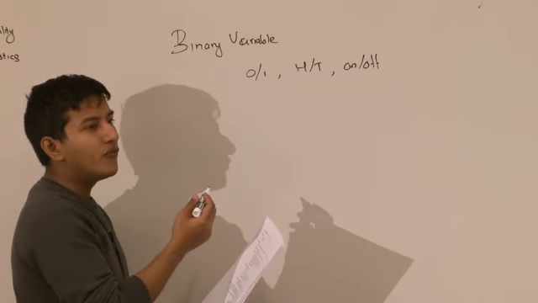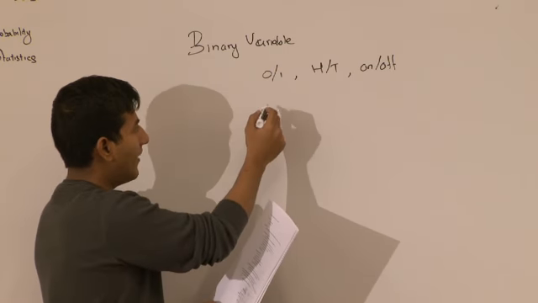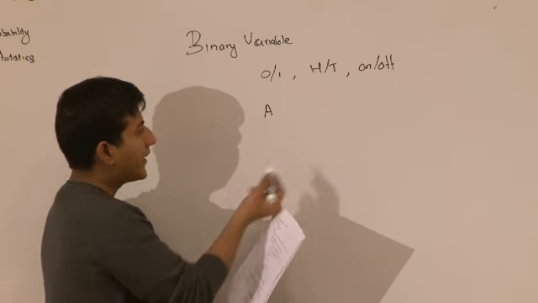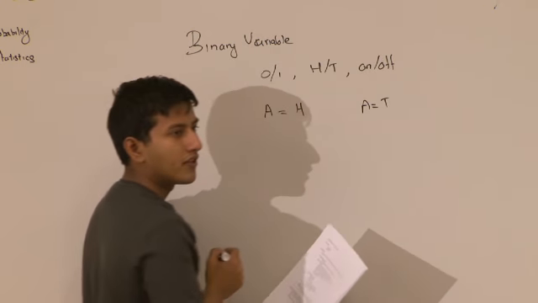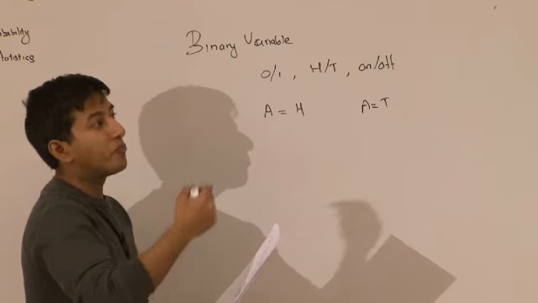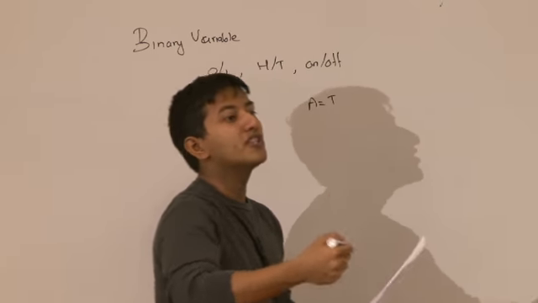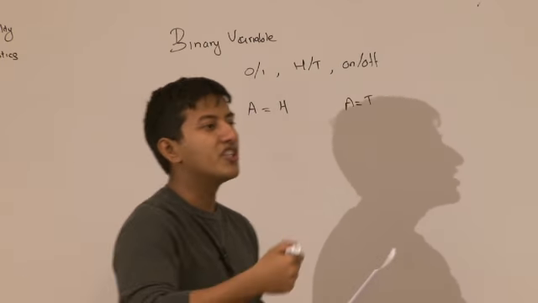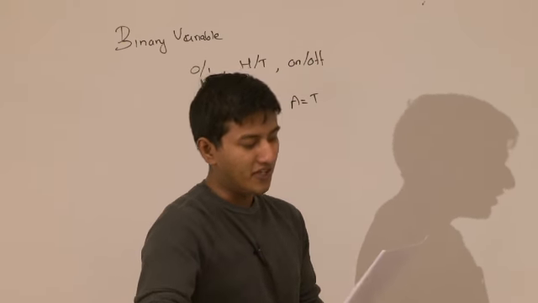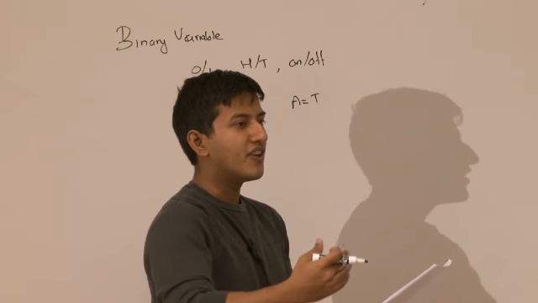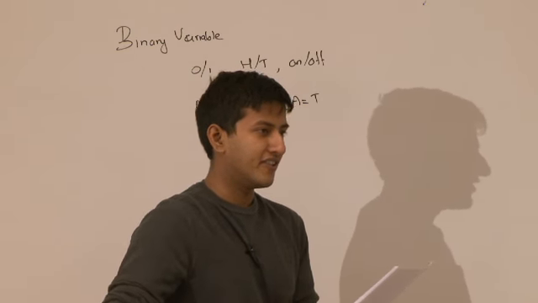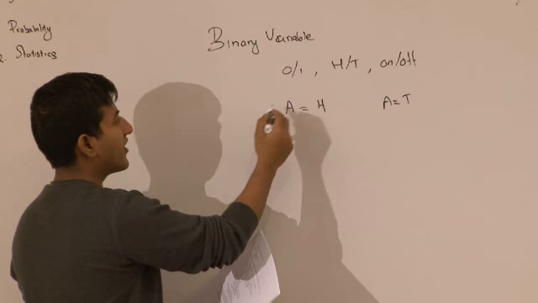So we are going to call this variable A, for instance. A could be either H or A is equal to tail. But that event could happen with a certain probability. By that I mean the probability is a way of expressing the belief that the particular event could happen, so we could assign a value to that.